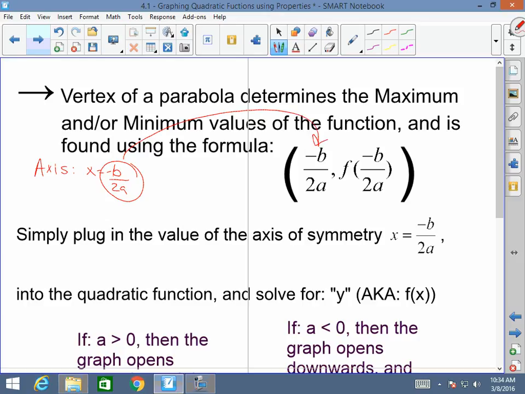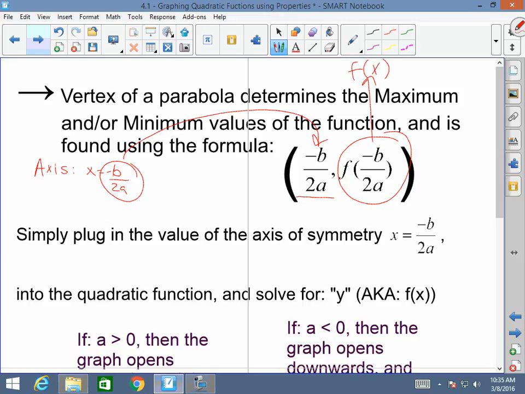In fact, once you find the axis of symmetry, you plug the negative b over 2a value into the function to find your y. That's why the vertex is negative b over 2a, comma, f of negative b over 2a. What does that mean? Well, remember, it's f of x. But what is the x in this case? Negative b over 2a.